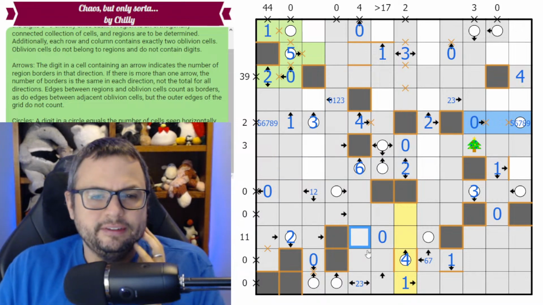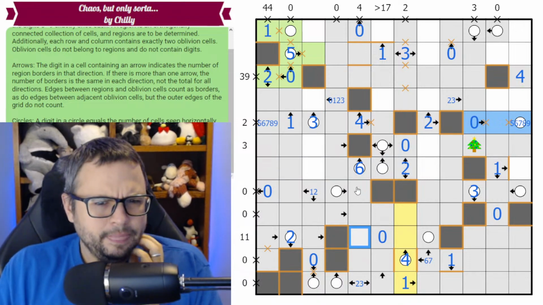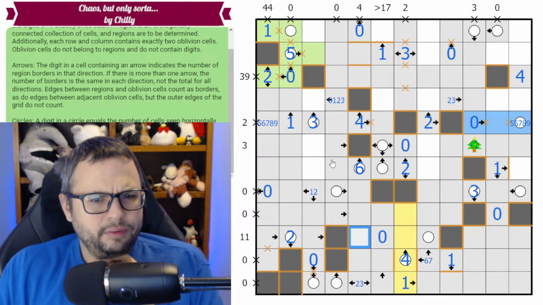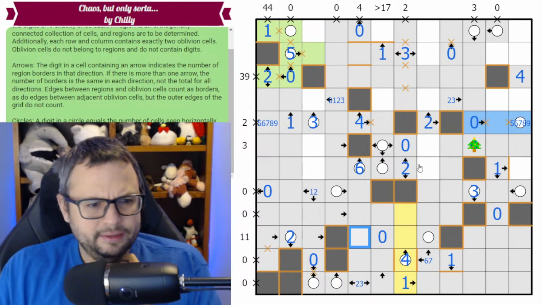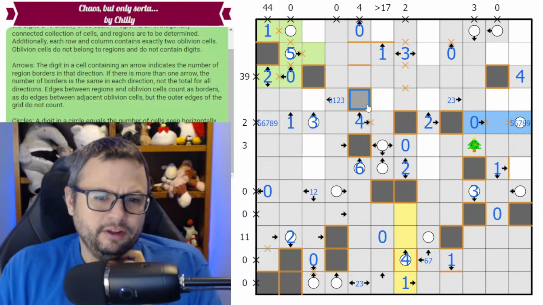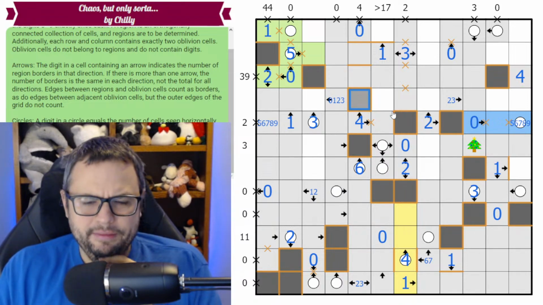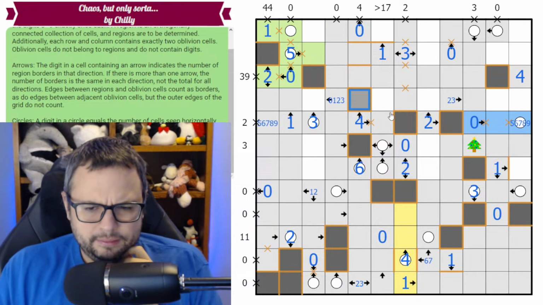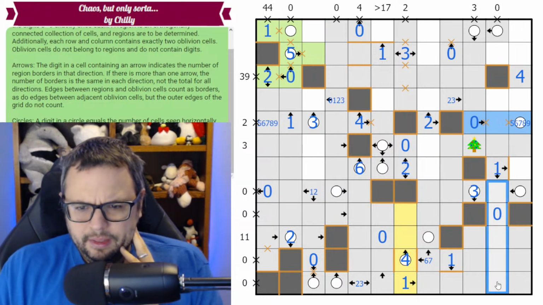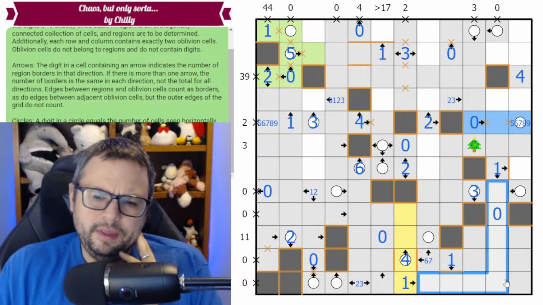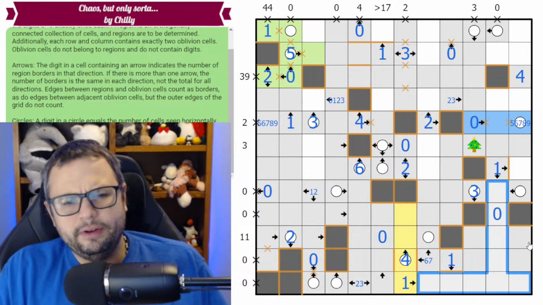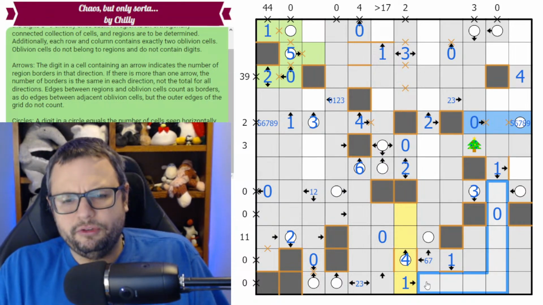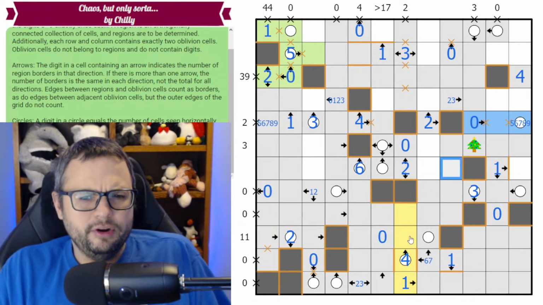But the fact that the regions can slither like that is going to mean we're not going to have that limited of an ability, especially given the Oblivion cells make it not even that big of a challenge, I don't think. The only one border here and only one border here is very interesting. I don't quite know what to do with it, but it seems like it's going to be tricky to not end up with some giant region over here.